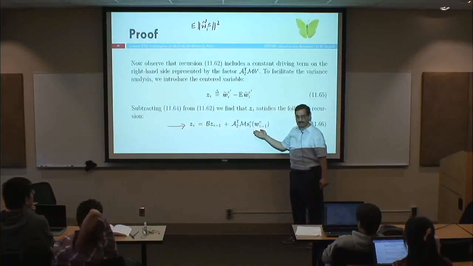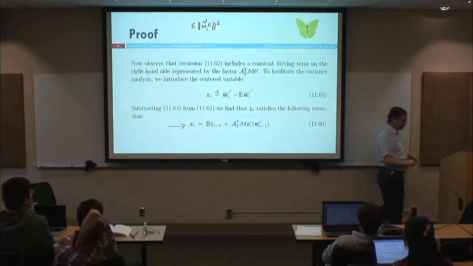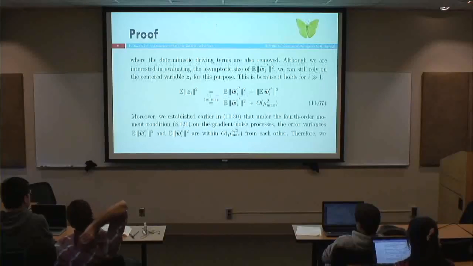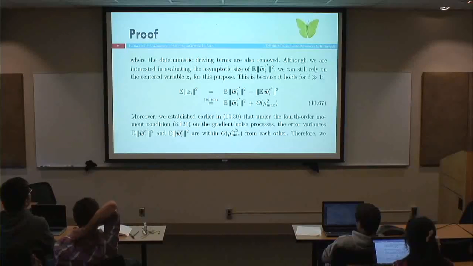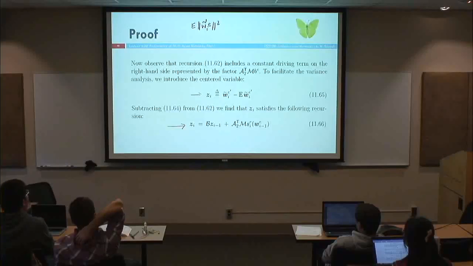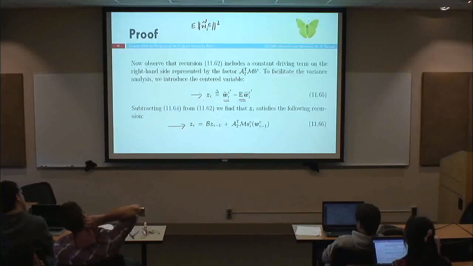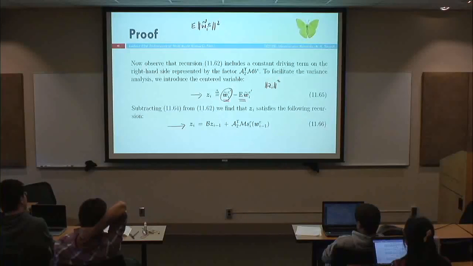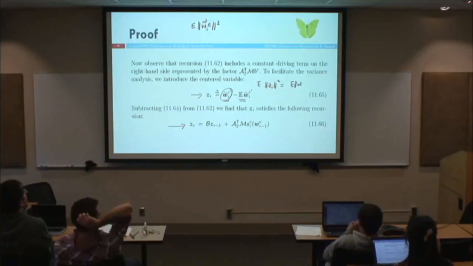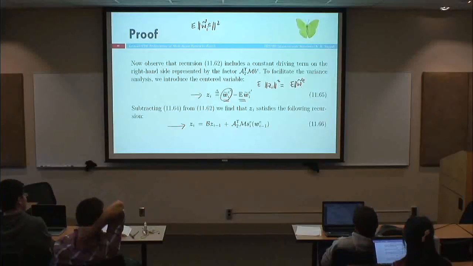And this is easier to work with because I don't have a bias anymore. So here it is. If your quantity here is the variable minus its mean, what would be the square of that under expectation? It would be the norm of z squared under expectation, it will be the norm of w tilde.